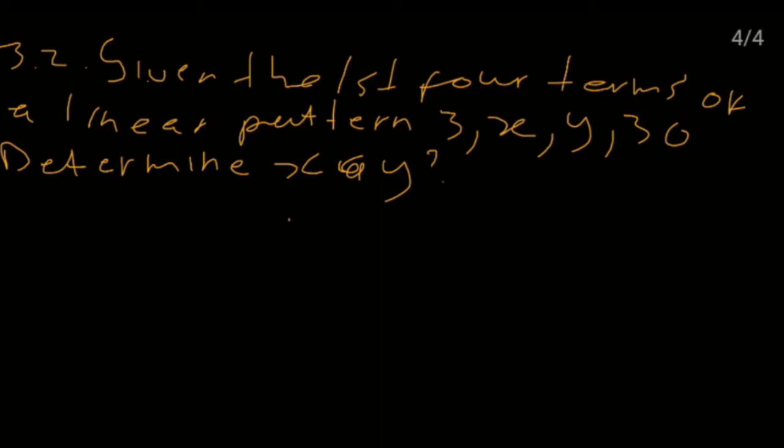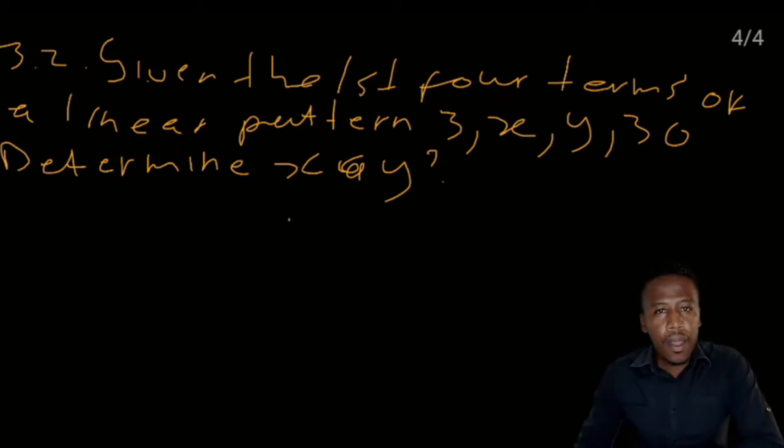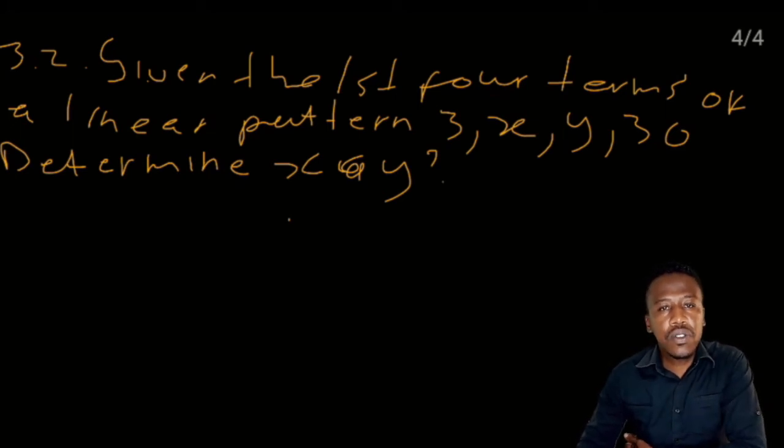Determine x and y. Now guys, what you shouldn't do here is panic or be confused by the variables thrown in the question, because like I said before, the variables might throw you off and then you might be confused what to do next.